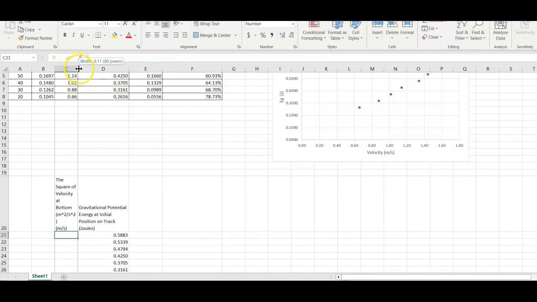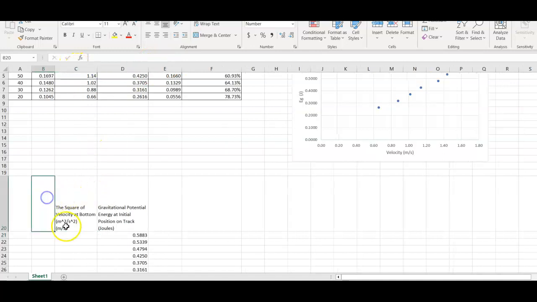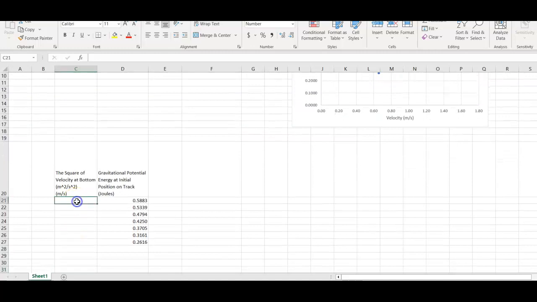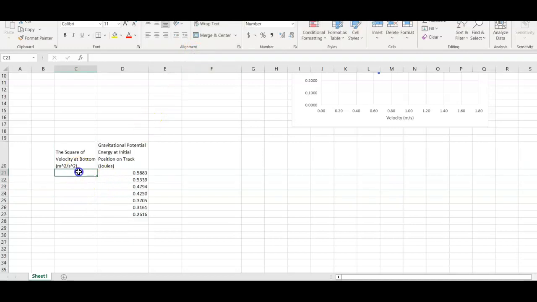Okay, let me make that a little wider. Okay, and I'm going to put a formula in here. You could calculate this by hand and type them in, but we'll just put a formula so that it's easier to do.